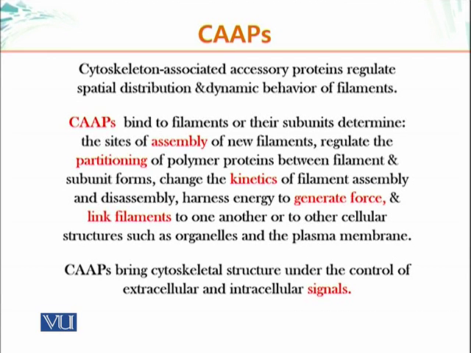That is a function performed by the cytoskeletal associated accessory proteins. Acting together, the accessory proteins enable a eukaryotic cell to maintain a highly organized but flexible internal structure, and also in many cases move, as we saw in our example earlier.